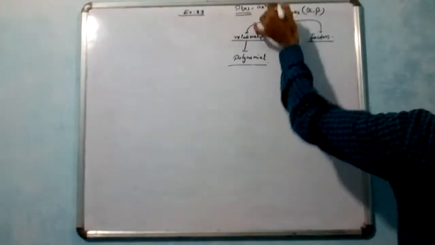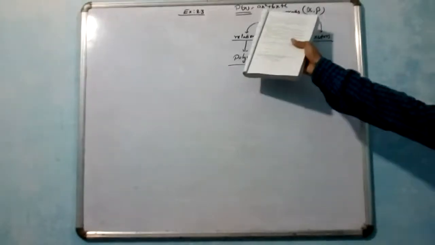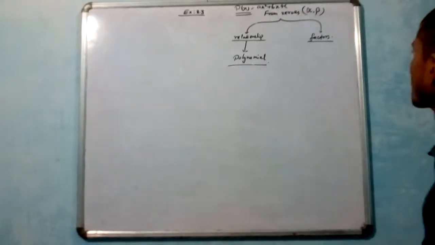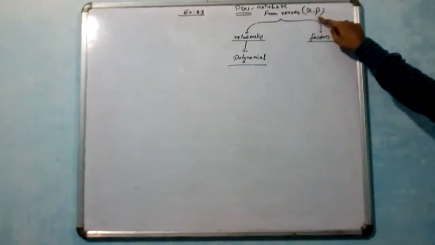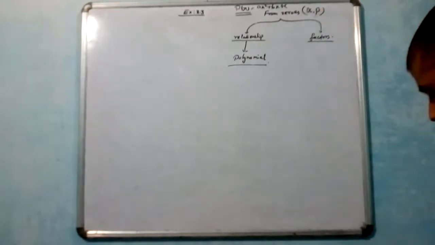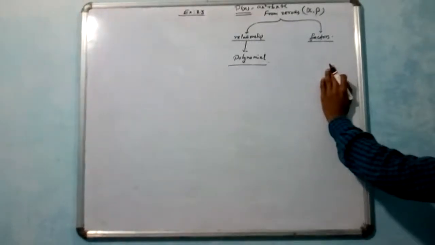So how can you obtain the factors of this polynomial from the zeros alpha and beta? How many zeros? Two zeros? Yes. So how can we get the factors? Say something. One of the factor, how much?